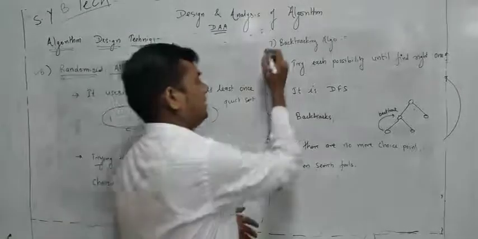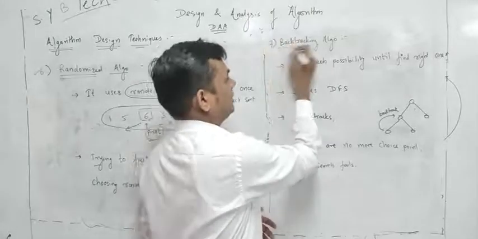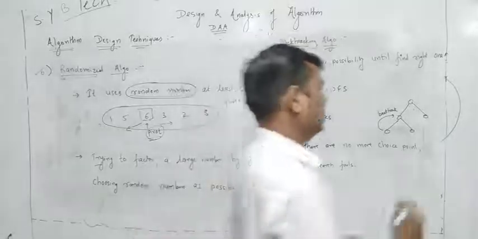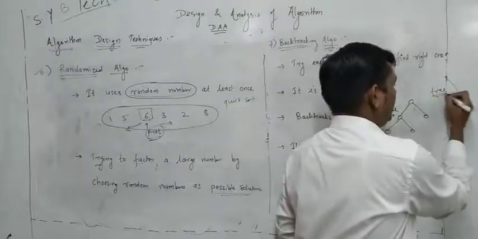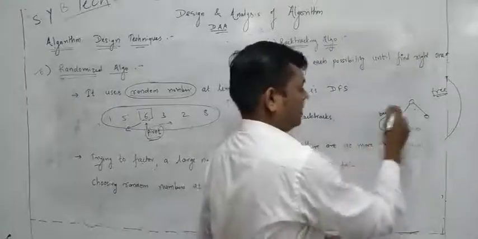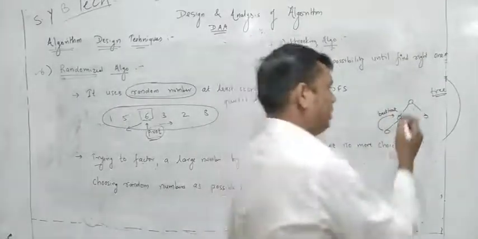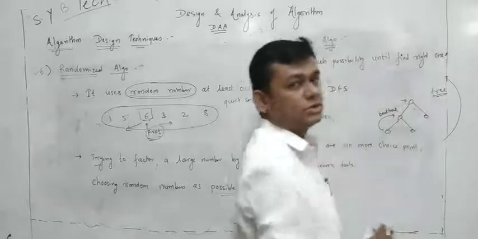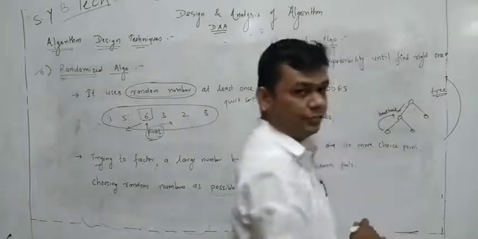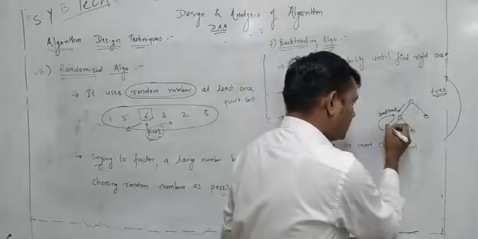The next technique, number 7, is the backtracking algorithm. What is a backtracking algorithm? It is a very simple algorithm. For example, if we apply backtracking to a tree, we have to find the solution for the first root. If we do not get it, we go for the next node, and then the next node.